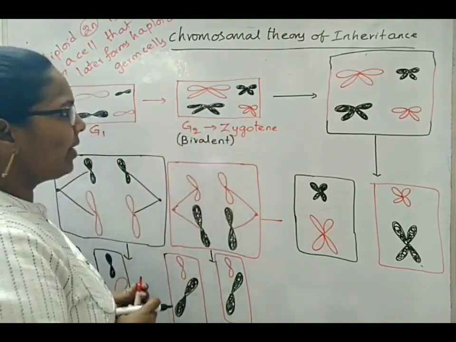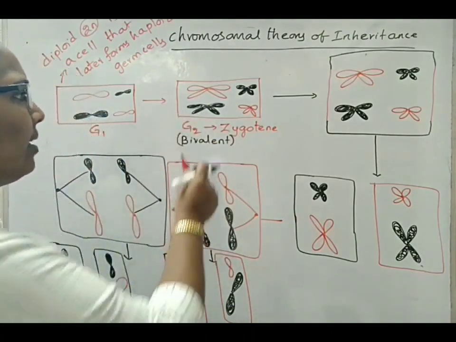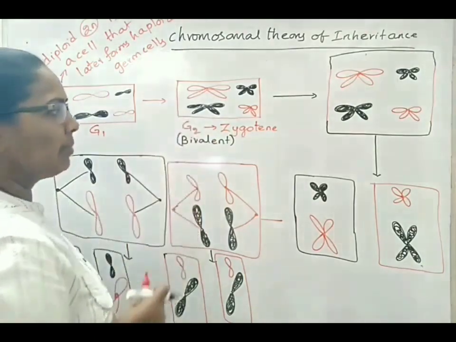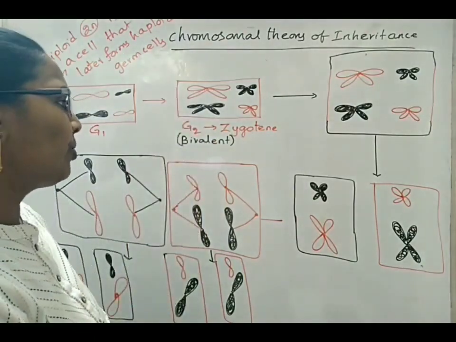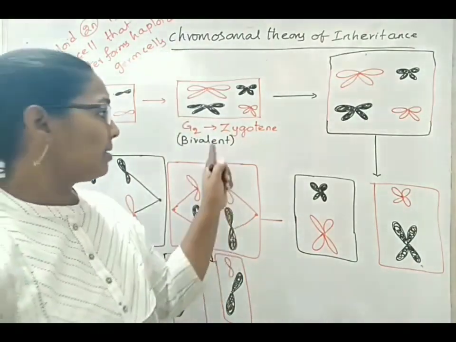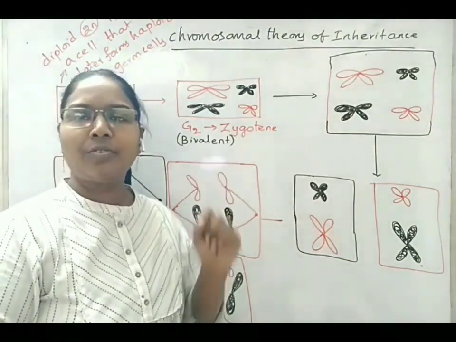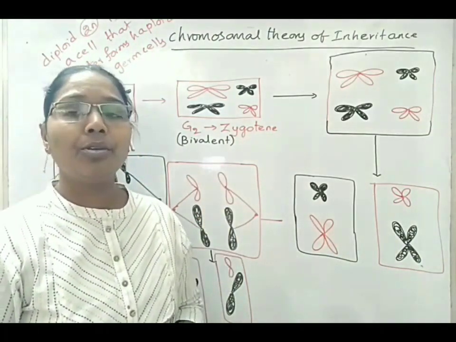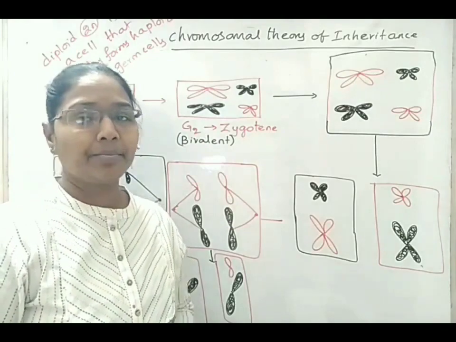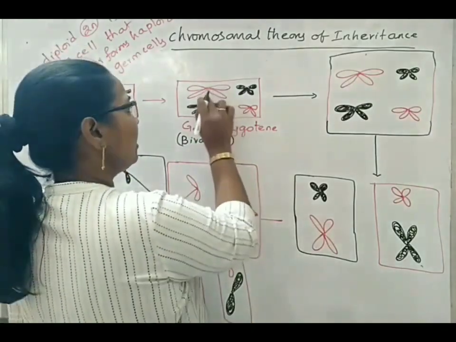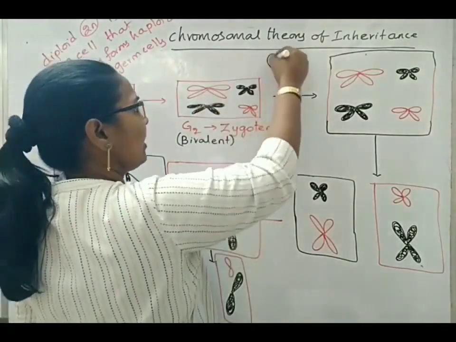The bivalent form of chromosomes is seen in the second diagram here. So what are bivalent chromosomes? Bivalent is a stage of the chromosomes in which the homologous chromosomes are paired. Suppose these two are side by side like this.